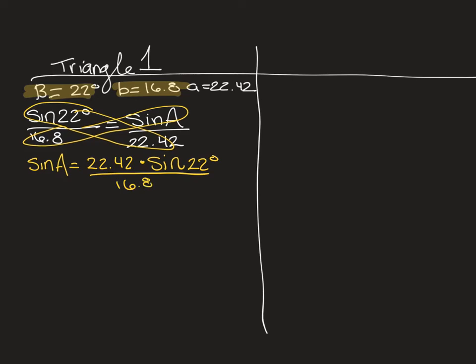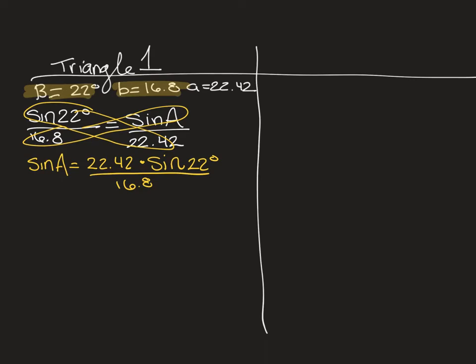So I'm going to type that in my calculator real quick and get an answer, but that's not going to be your final answer. I did control divide and got a fraction. On top, I'm typing exactly what's on the paper: 22.42 times sine of 22 degrees, all divided by 16.8.